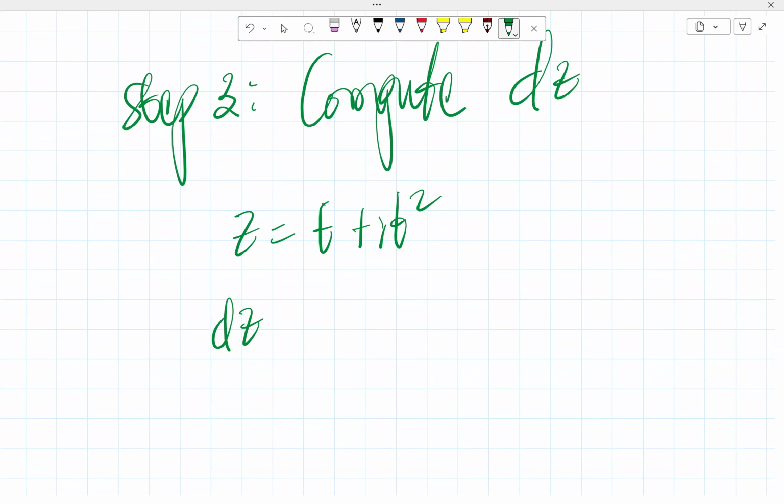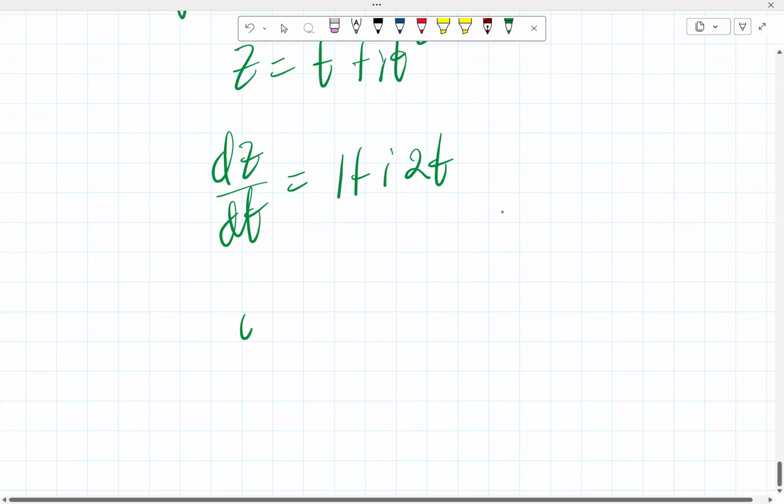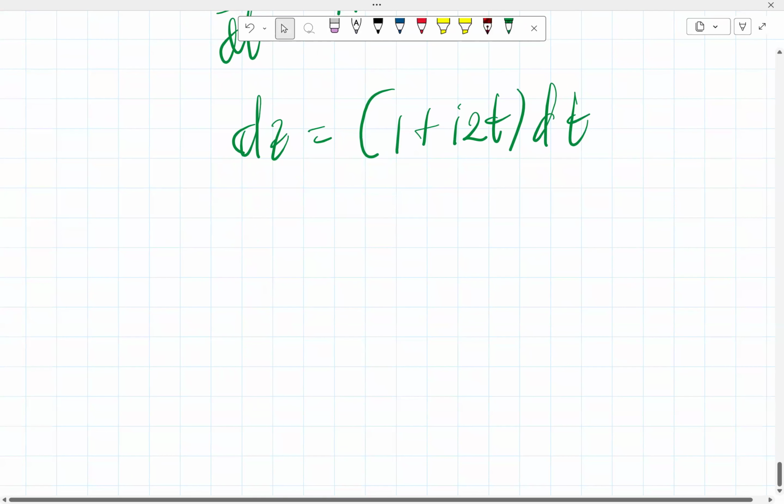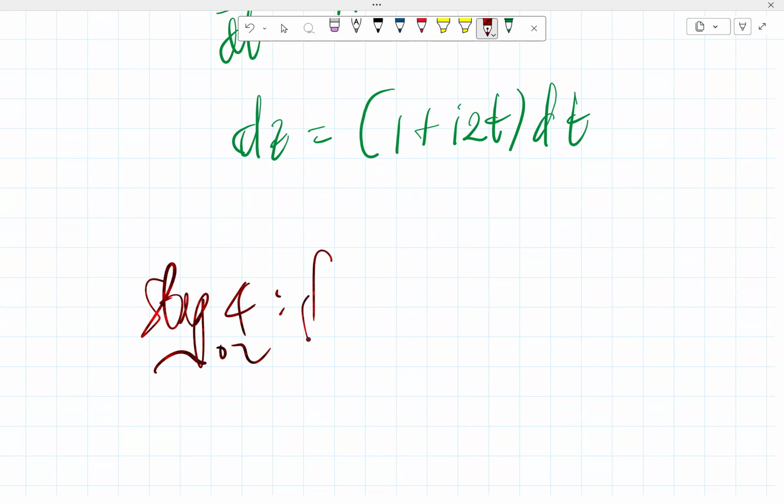So dz/dt is 1 plus 2it, which means dz is (1 plus 2it) dt. So we can then move on to the integral. Step 4 now: we form the integral.